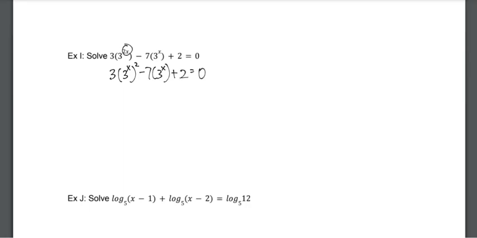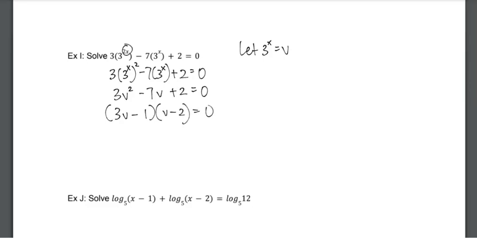So watching out for those quadratics, I'm going to let 3 to the x equal v, or whatever you want. 3v squared minus 7v plus 2 equals 0. You can use the quadratic formula. I'm just going to factor it. So now I get v equals 1/3 or v equals 2.